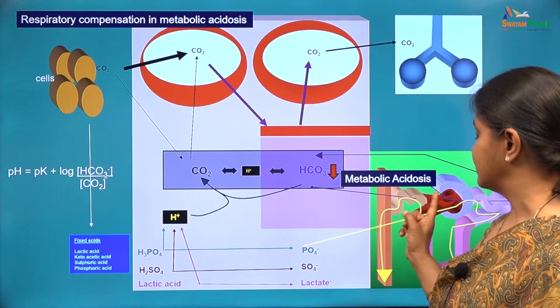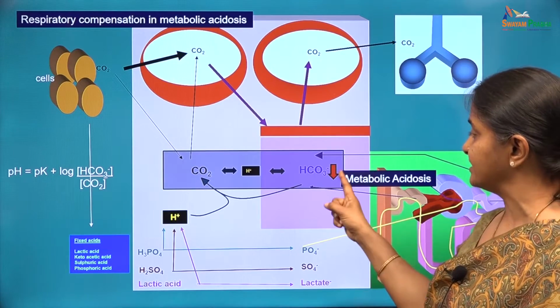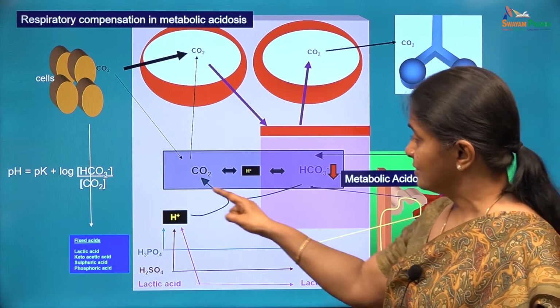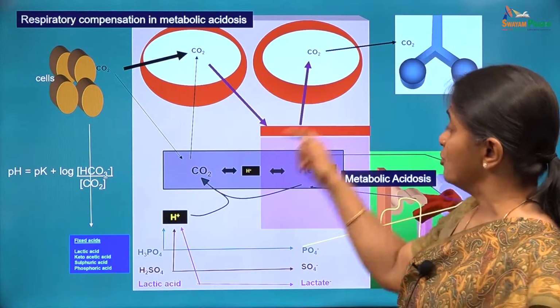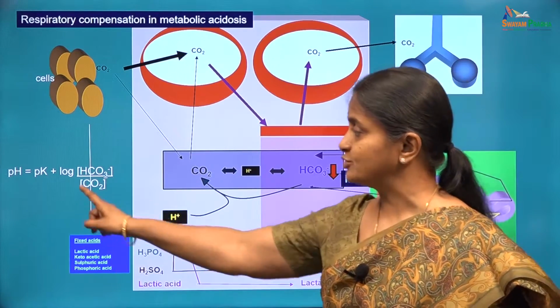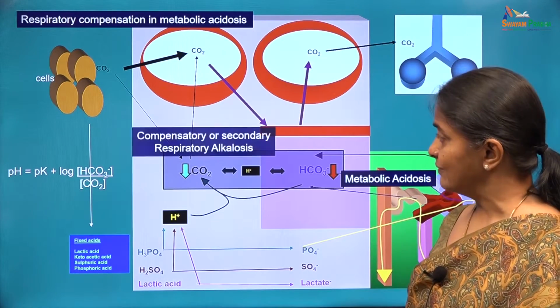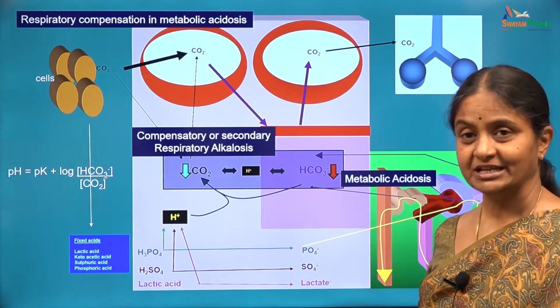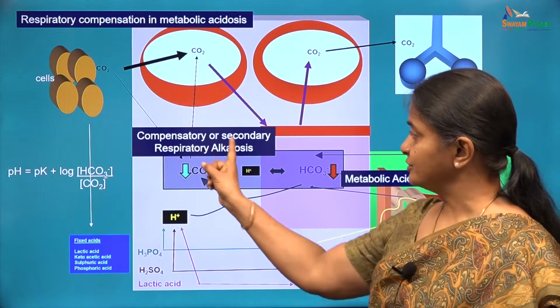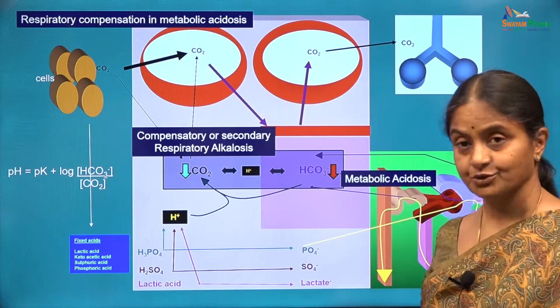In metabolic conditions, that is, if there is metabolic acidosis due to some reason and bicarbonate is decreased, now the lungs will blow out more carbon dioxide and keep carbon dioxide concentrations low so as to maintain pH. So, in metabolic conditions, there will be respiratory compensation. Some books again would refer to this as secondary respiratory alkalosis, secondary to metabolic acidosis.